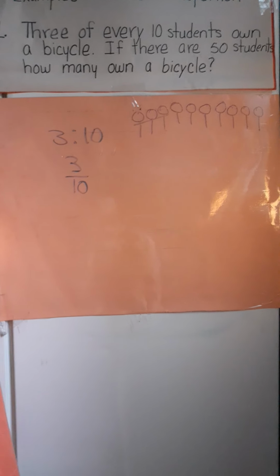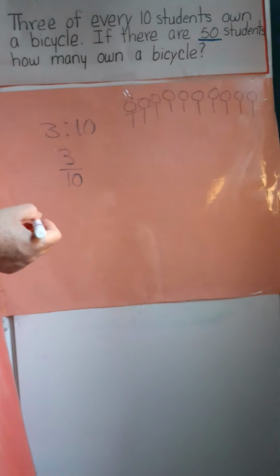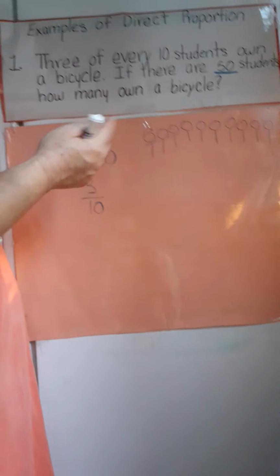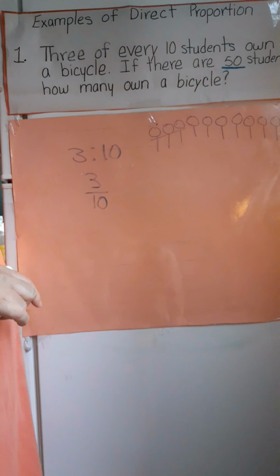So for every 10 students, 3 are going to own a bicycle. If there are 50 students in all, that means that out of every 10, 3 of them own a bicycle, and we now want to find out how many out of the 50 own a bicycle.